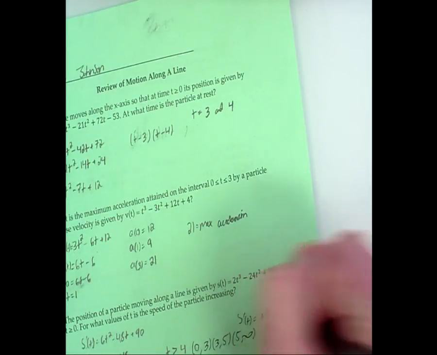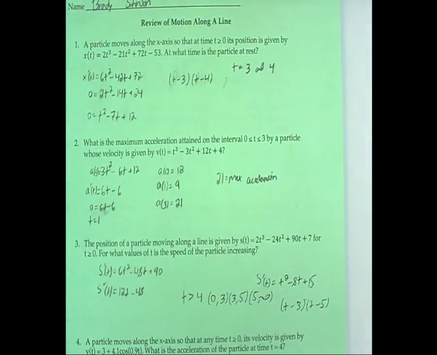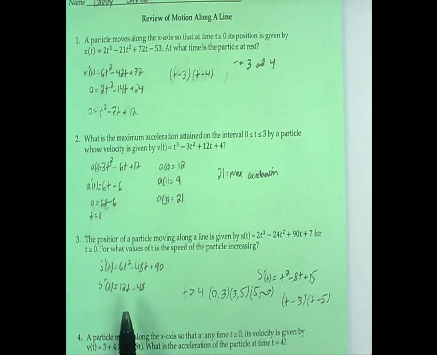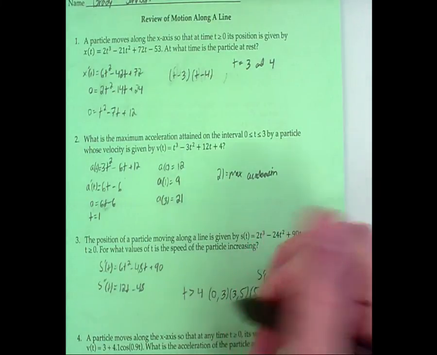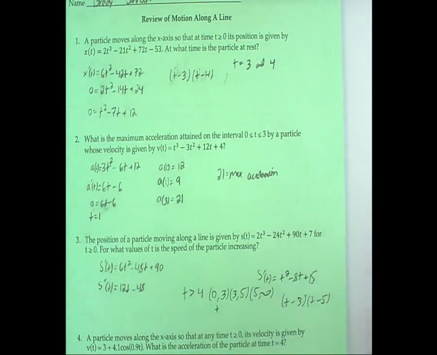And we can pick 1 for the first interval and plug it into the first derivative. If we pick 1, it's positive, correct? Yeah. Okay, so we're putting them back into the first derivative, the velocity function.